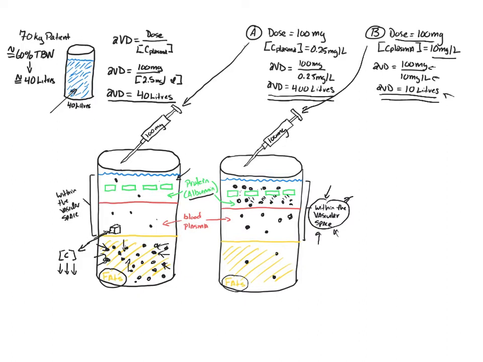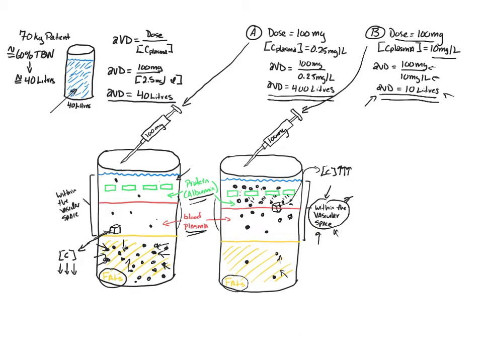And so when we take a sample of the blood, and remember the blood is not only the plasma, but it contains the proteins as well, and I test the concentration in the plasma, the concentration is going to be very large, and it will appear as though that drug is dissolved in a smaller volume, right? Because it is more concentrated in this area and less concentrated over here.